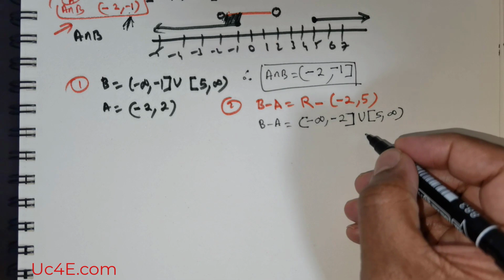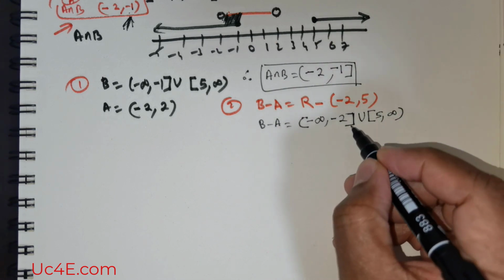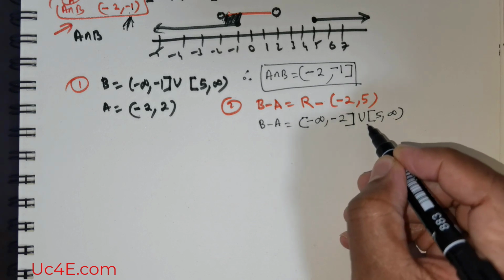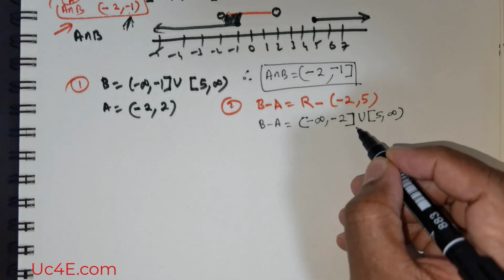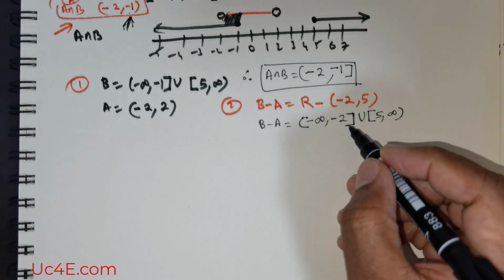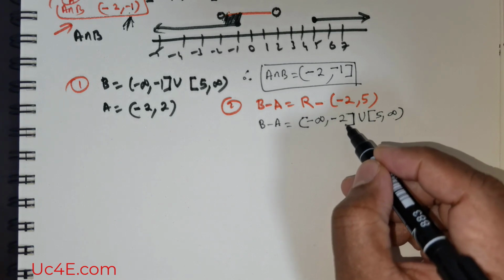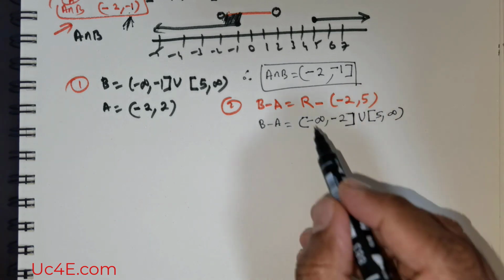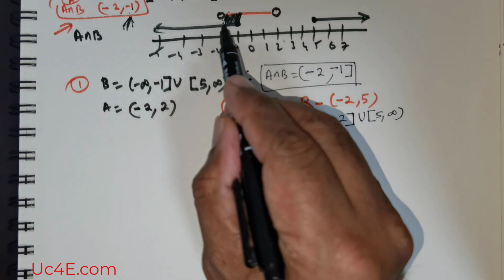So if you take away from R the complement of this, that would subsequently give us B negative A. So what would that value be? To get the value, we need to look at the intervals which are actually not present here. So we clearly see the values existing between -2 and 5. If you go to the number line, -2 is present here.